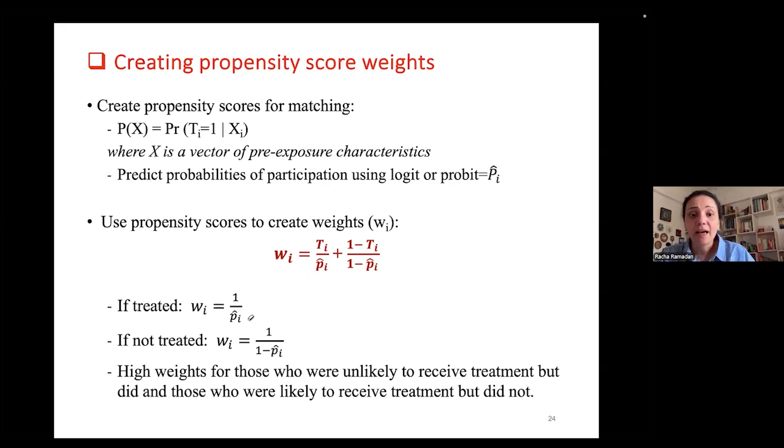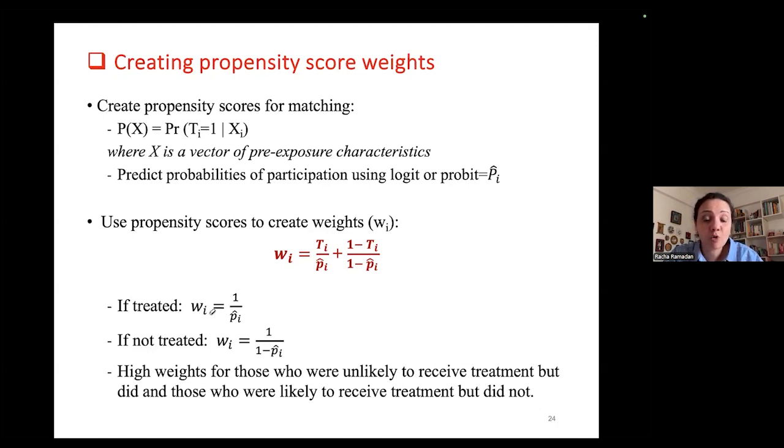And the same, if given my P score, I was likely to be treated, but I was not treated, it's as if there was bias in the selection. I was not chosen, though I was supposed to be chosen given my characteristics, or I was chosen, though I was not supposed to be chosen. So in any of these two cases, you will find that the weight will be a high value.